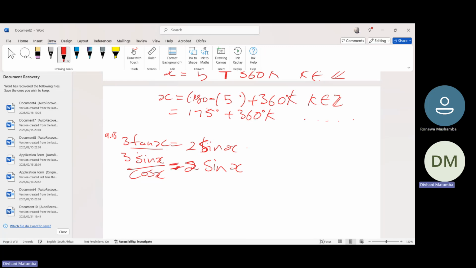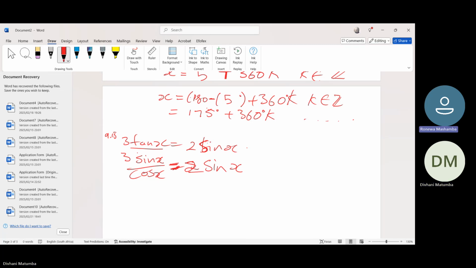Okay, but we already have an equal sign. So what if we move 2 sine x to the other side? Or divide by sine x. Ronel, you mean by dividing by sine x?